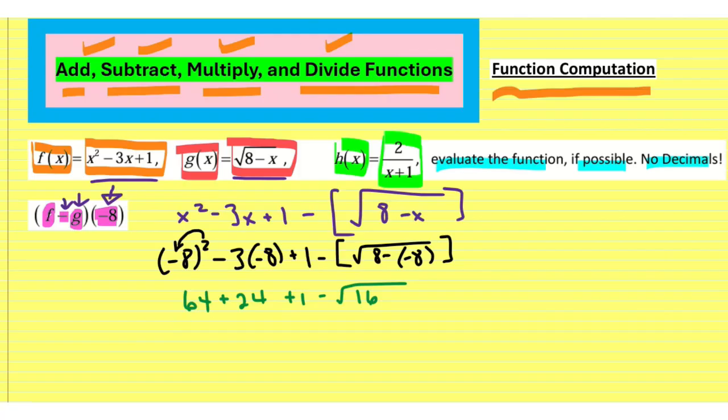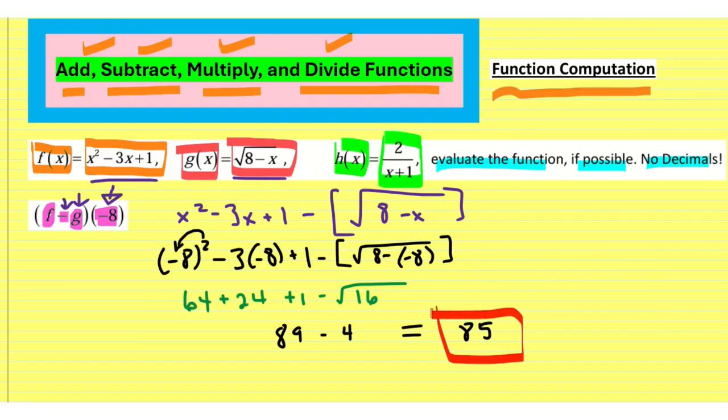And I continue to work it down. So 64 plus 24, that's going to be 88, plus 1 is 89. And minus the square root of 16. Square root of 16 is going to be 4. So my final answer is going to be 89 minus 4, which is 85.